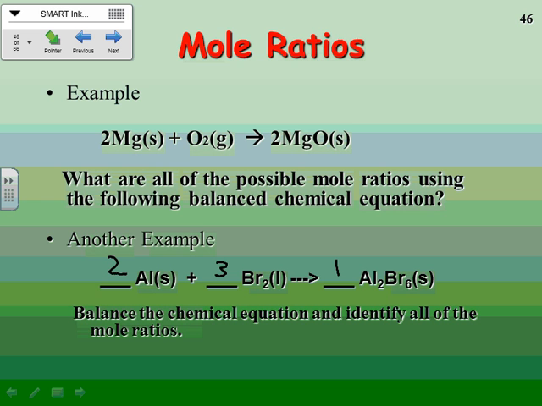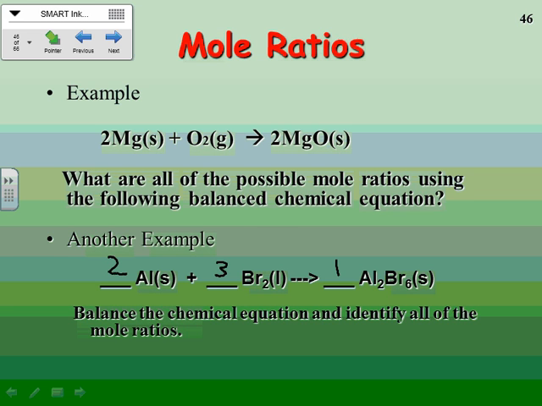Now that's telling us the number of moles of each of these in the equation. So now we can identify all the mole ratios. What are the mole ratios here? We could compare the Al to the bromine first. It doesn't really matter what order you do this in. Yes, it is Br2.